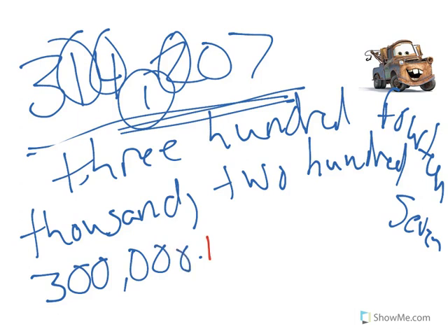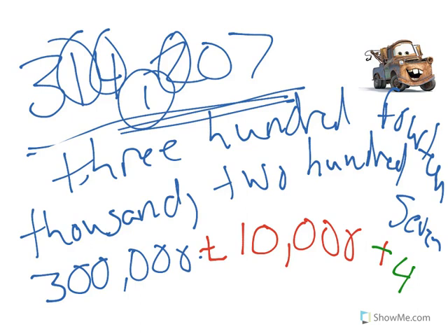And then I'm going to put a plus. And now I'm going to go to that 1, 1, 0, comma, 0, 0, 0. Now I'm going to go to my 4. And there's 1, 2, 3 numbers after it, so there's got to be 3 zeros.